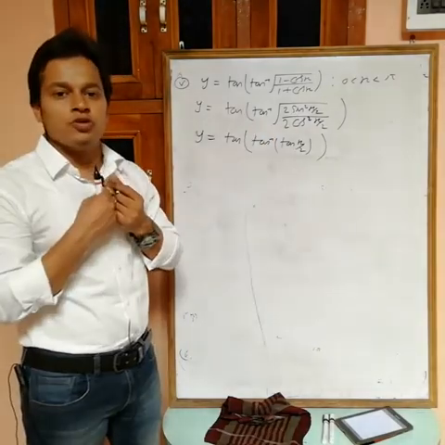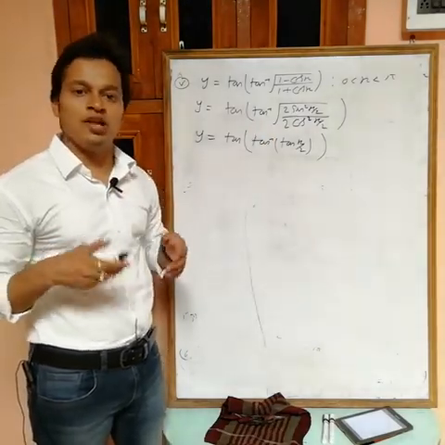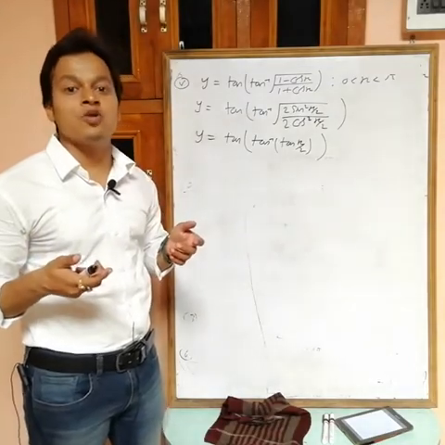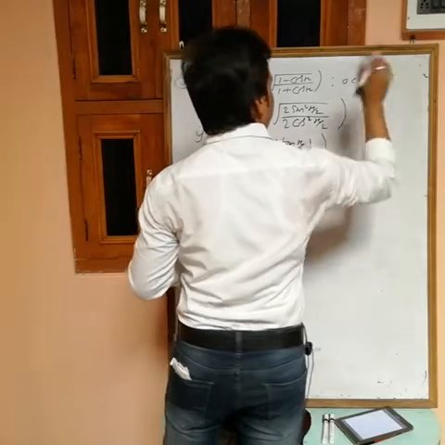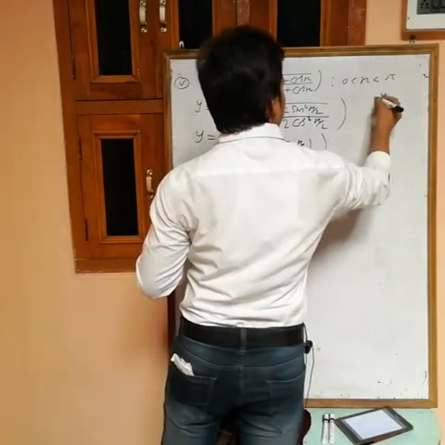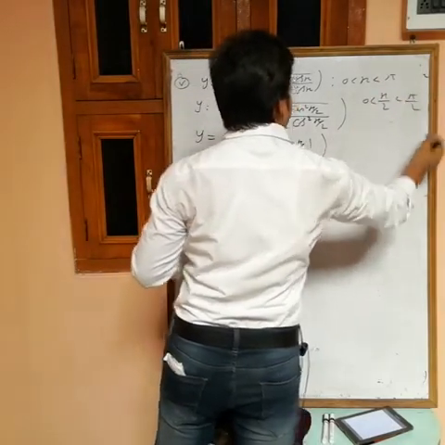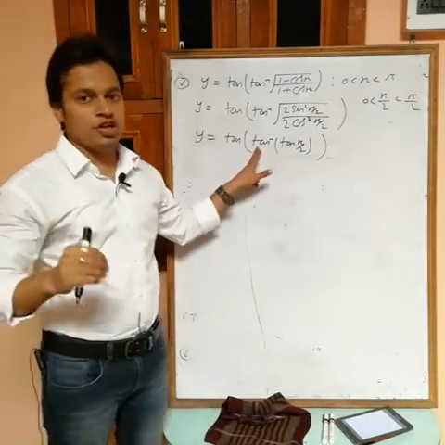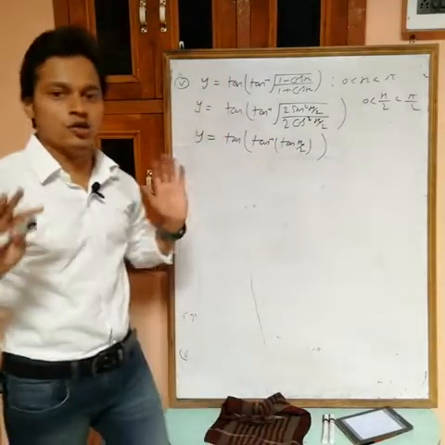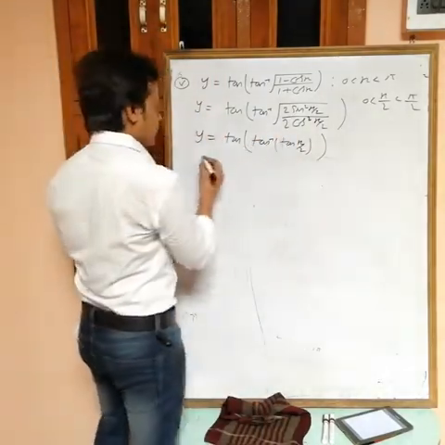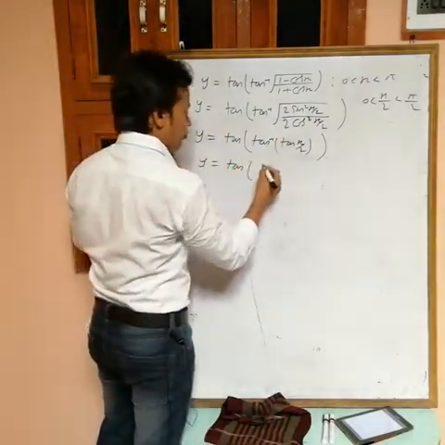If not, then we have to apply the formula for tan inverse of tan x. The value of x is 0 to pi, so the value of x by 2 is 0 to pi by 2. All these values lie between minus pi by 2 and plus pi by 2, so you can cancel out. So y equals tan of x by 2.